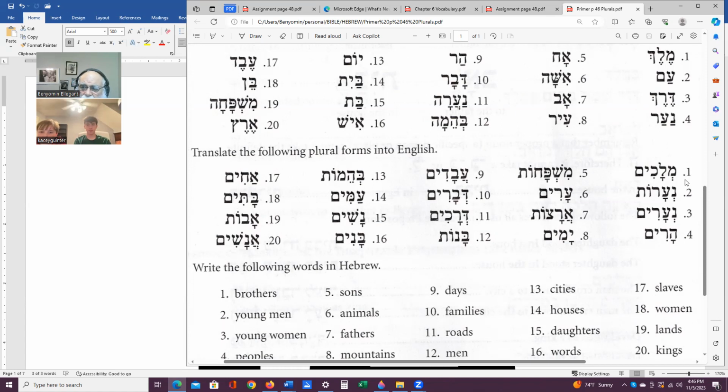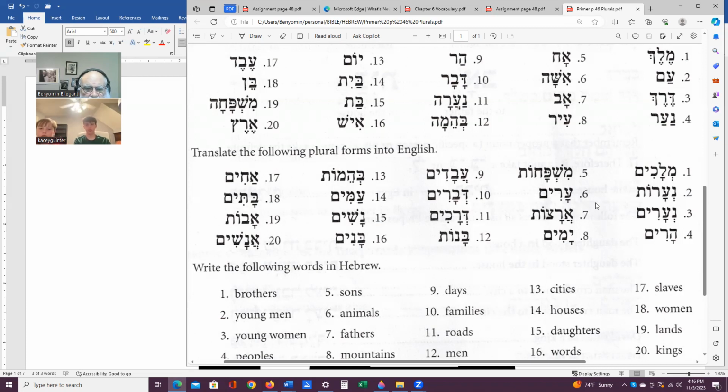When we look at Melachim, we're talking about kings, plural masculine. Na'arot, girls, young women. Na'arim, young men. Harim, I guess mountains are a masculine noun. You see?